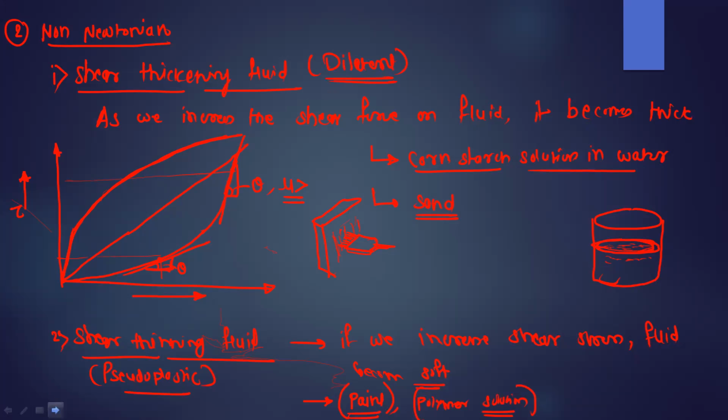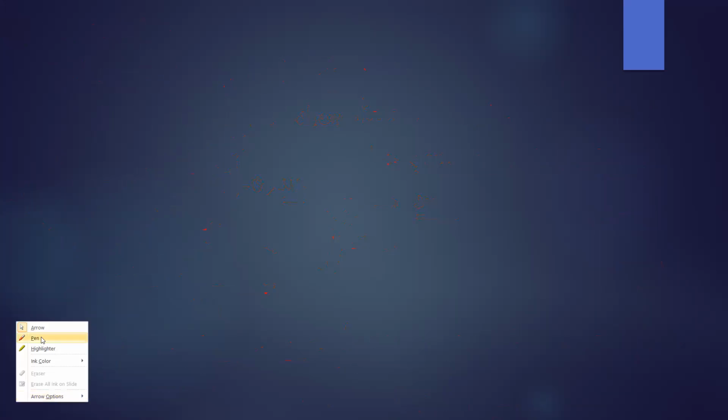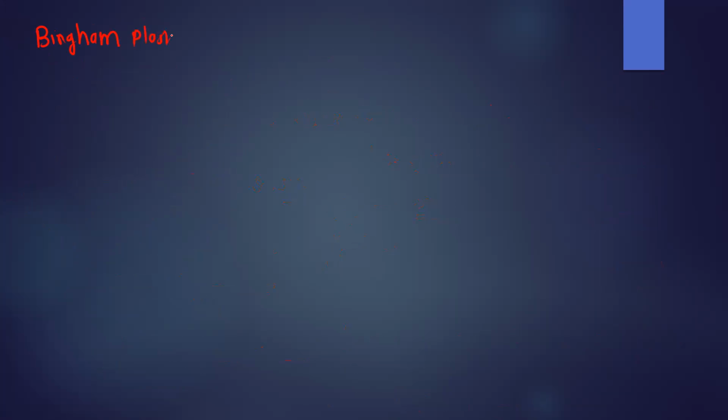Okay, and the next type of fluid we have, just we will finish this, is called a Bingham plastic fluid. Here you can observe one strange behavior of the fluid. This is the shear stress and this is the rate of deformation, which is u by y.